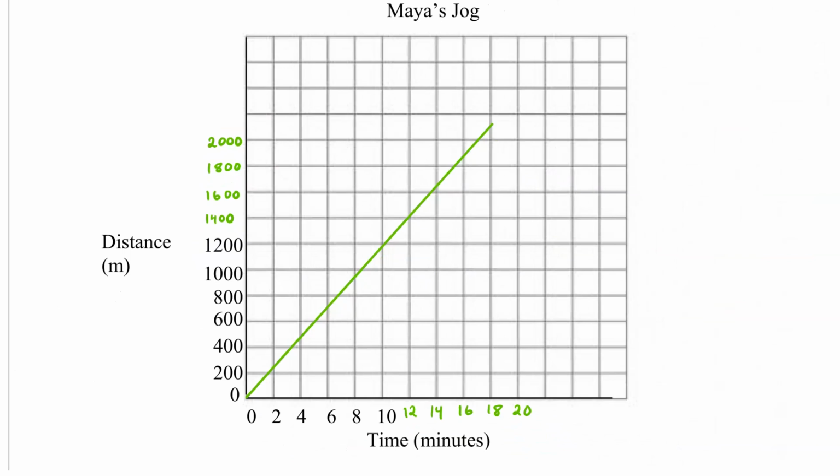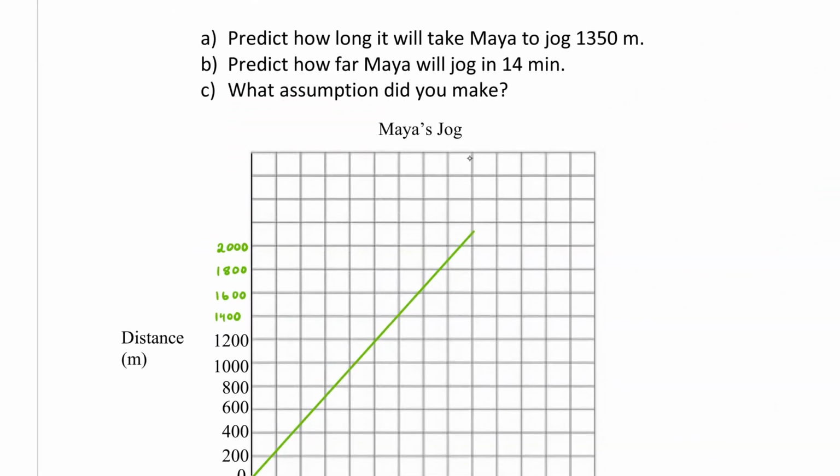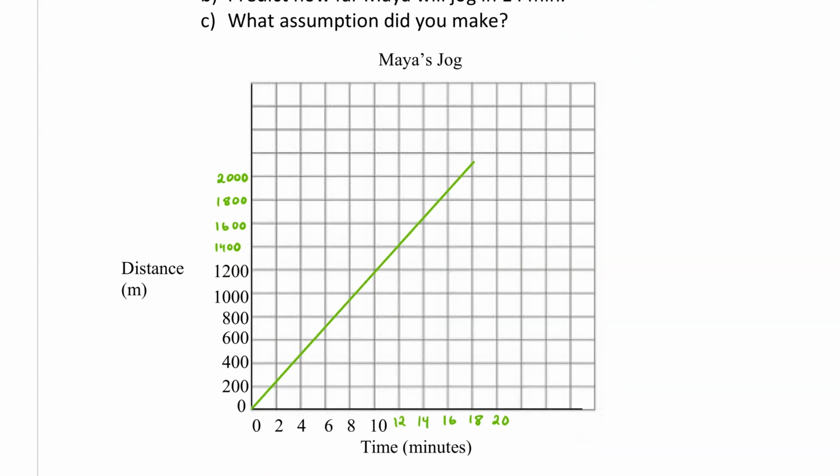So expanding back out to look at our graph. Now, what was our question again? Well, we wanted to know how long it took to jog 1,350 meters. So we're going to look back to the graph, and I'm going to take out my tool.